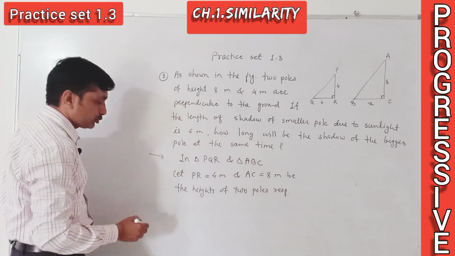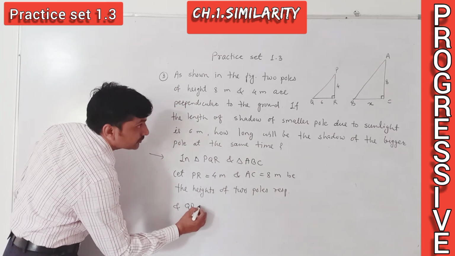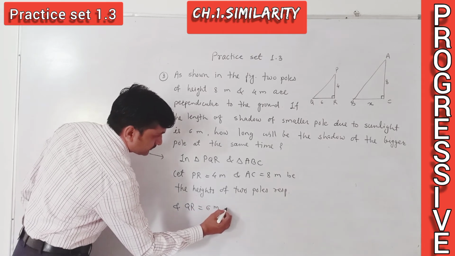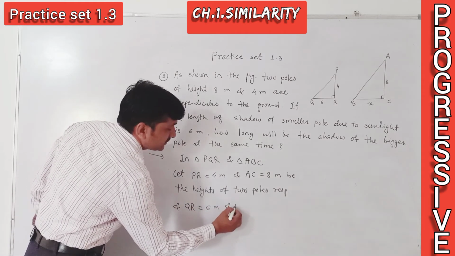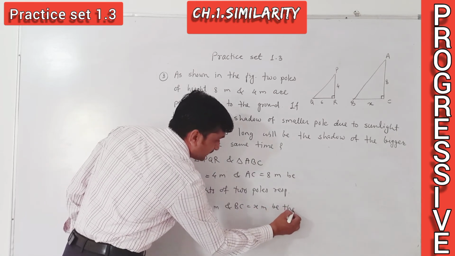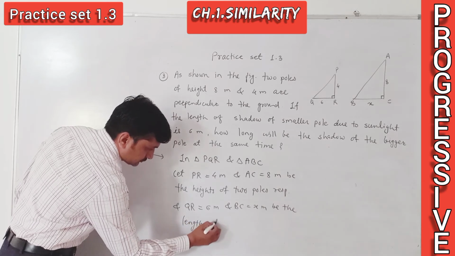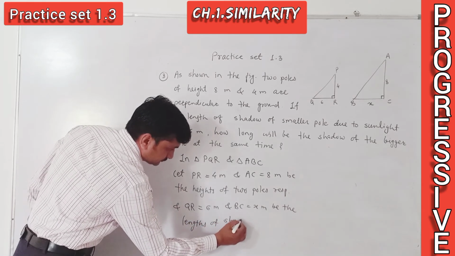QR and BC are the lengths of the shadows. QR is equal to 6 meters and BC is equal to X meters.